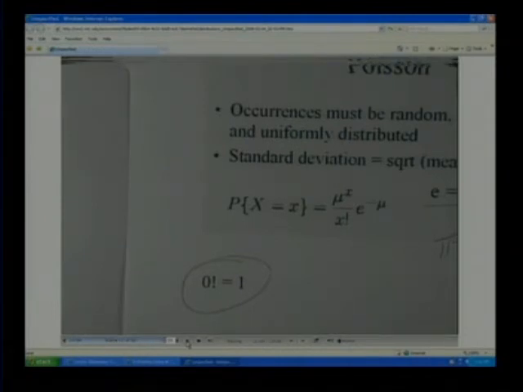I can show you that this is a true fact. But for right now, all you need to do is just say, anytime you see 0 factorial, that's going to be equal to 1. Okay? Ask any of your mathematician friends what 0 factorial is, and they'll tell you it's equal to 1. Okay, so why do we use the Poisson?